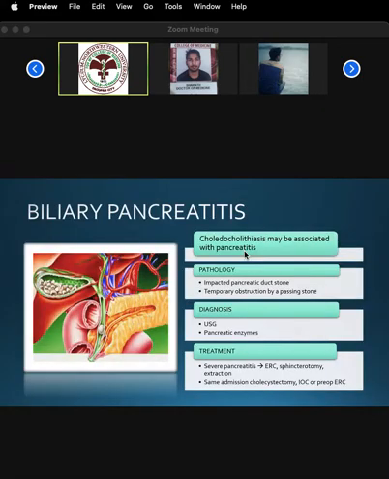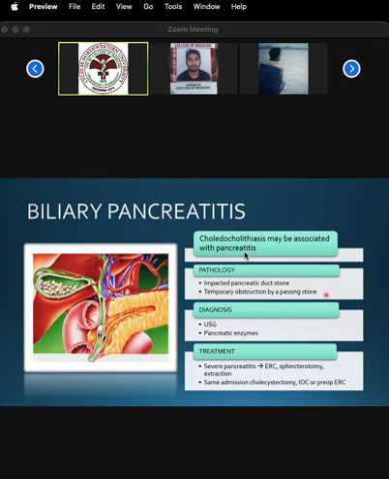Next would be biliary pancreatitis. Now, choledocholithiasis may be associated with pancreatitis. So the pathology there is that these patients have a probable impacted pancreatic duct stone, or we have what we call the common channel syndrome.